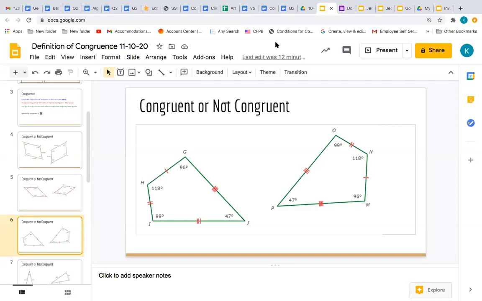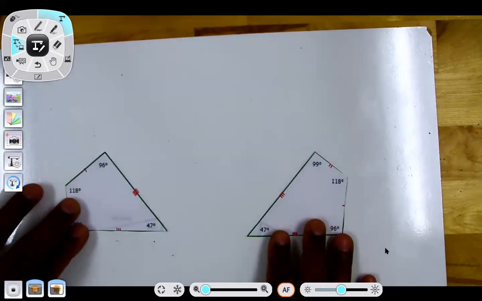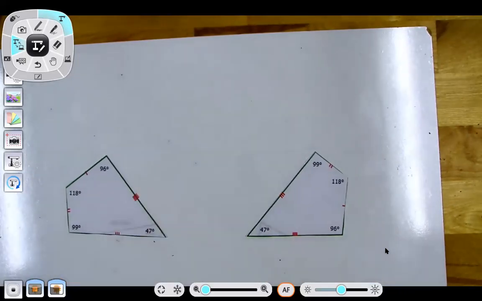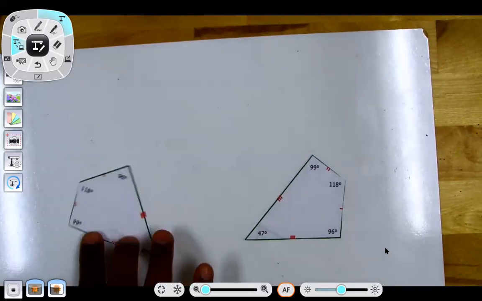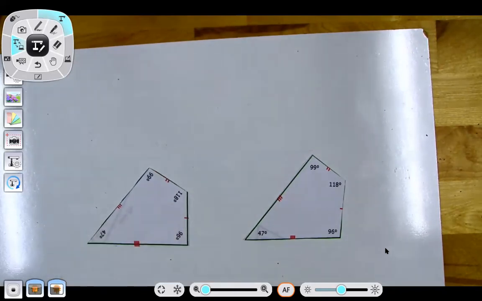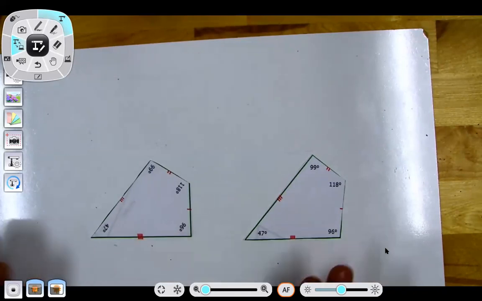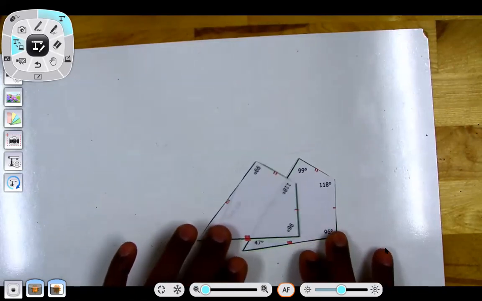If you move it, is it going to fit on top of it? Let's see. So we have to align this piece onto here. So can I rotate this one? I just rotate it like in our rigid motion. And then I translate, I move it to the right side. Is it going to fit exactly the same?